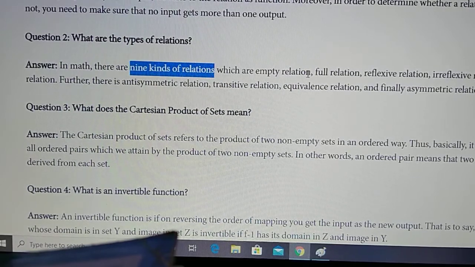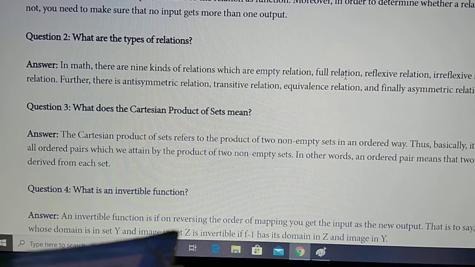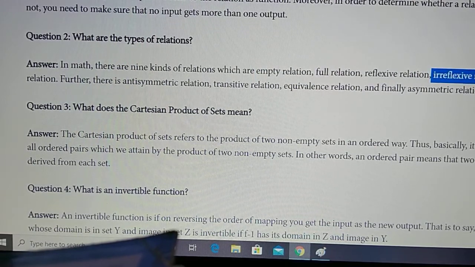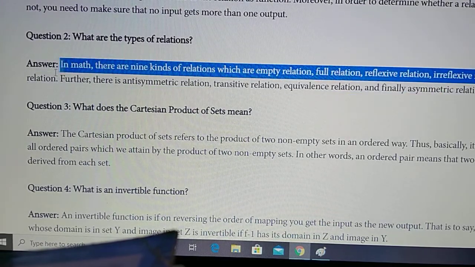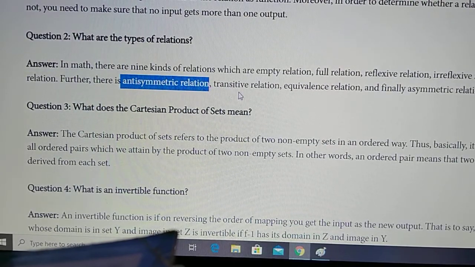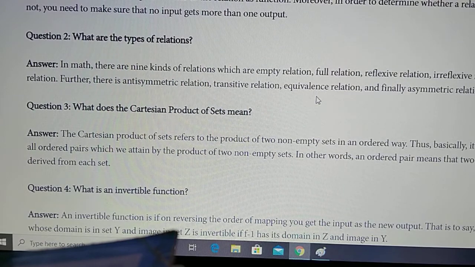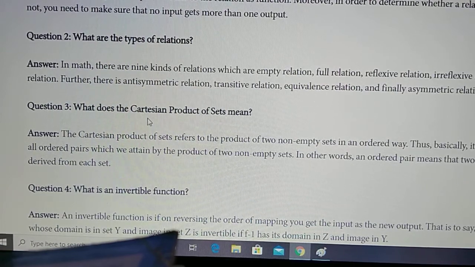The first is empty relation, full relation, reflexive relation, irreflexive relation, symmetric relation. Further, there are anti-symmetric relation, transitive relation, equivalence relation, and finally asymmetric relation.